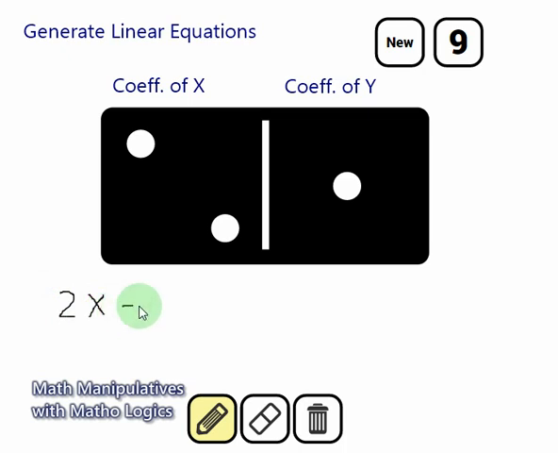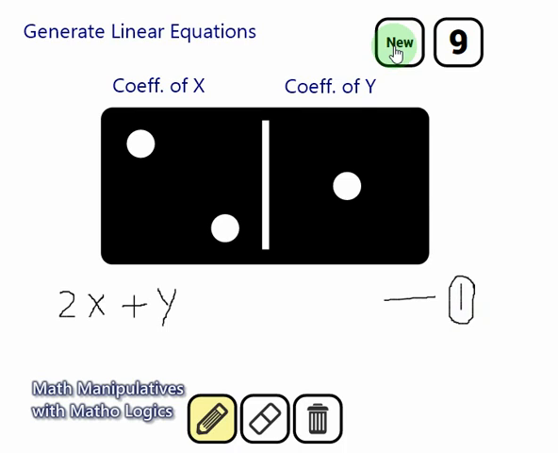Then I can put a plus or a minus over here, and on the right side of this domino we have only one dot. It means the coefficient of y here is 1, so I can write y over here, right? So this is expression 1.